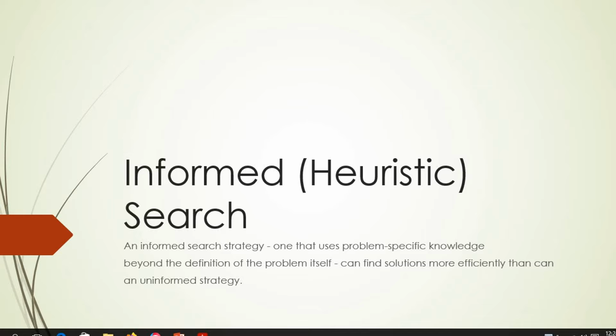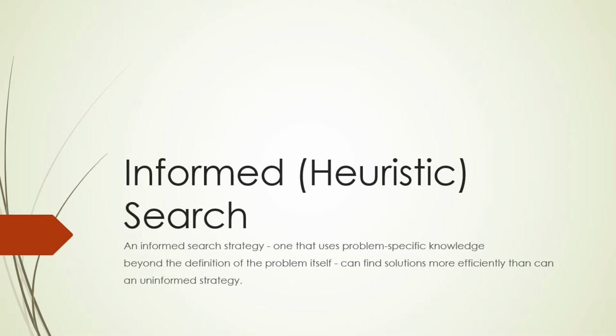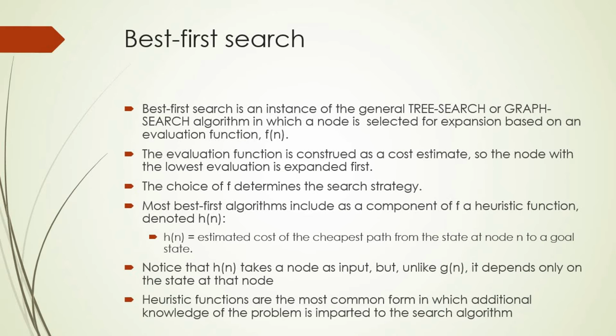So this kind of strategy, which we call informed search strategy, is one that uses problem-specific knowledge beyond the definition of the problem itself, that makes it able to find solutions more efficiently than an uninformed search strategy.